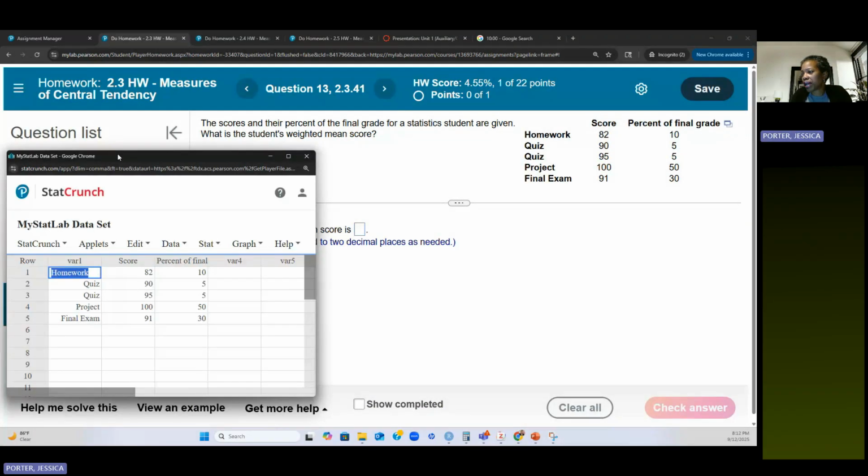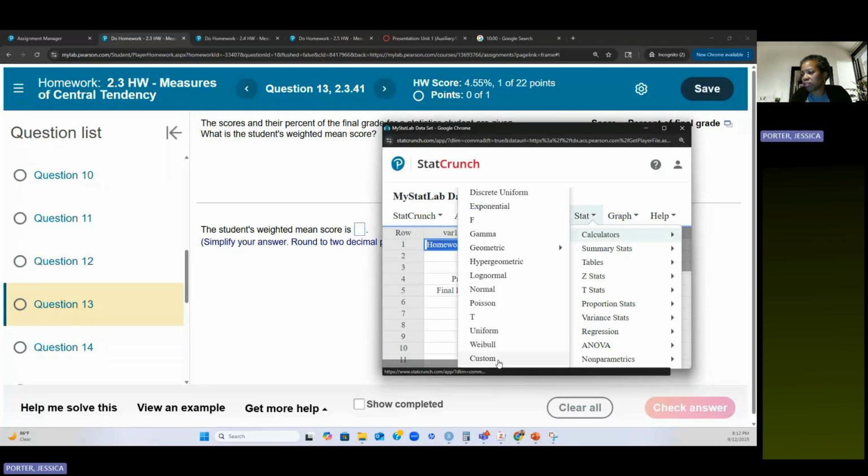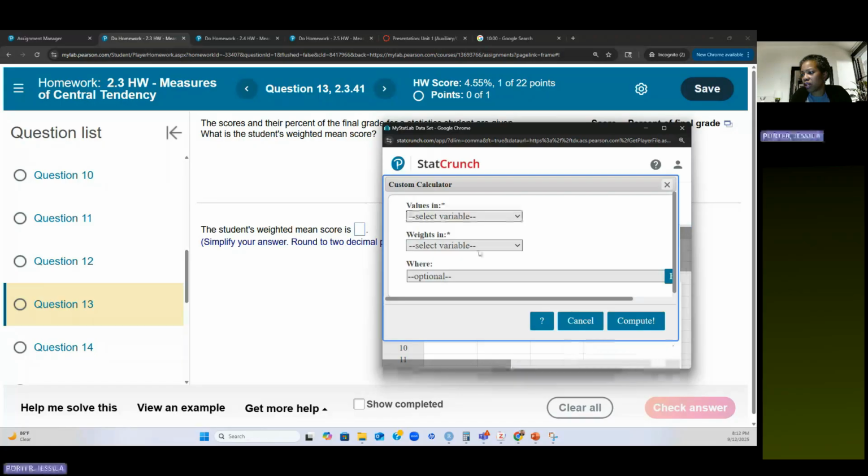So I did an open in StatCrunch. The student's weighted mean score is, so Stat, Calculators, Custom. The values are in score. The weights are in the percent of the final grade.